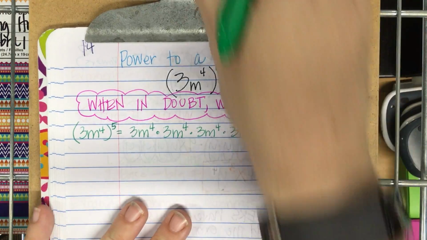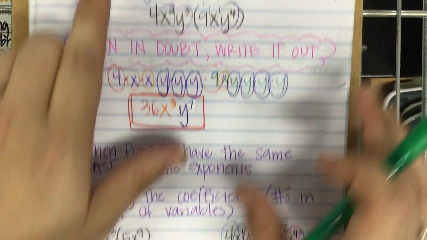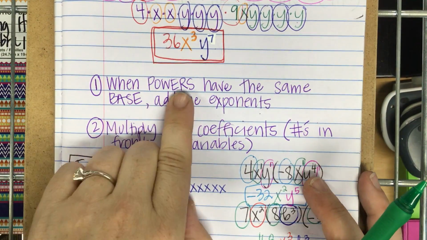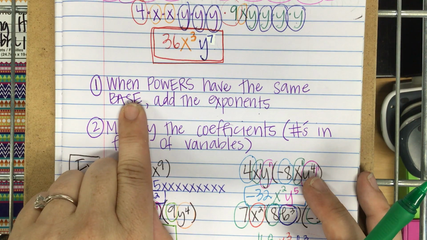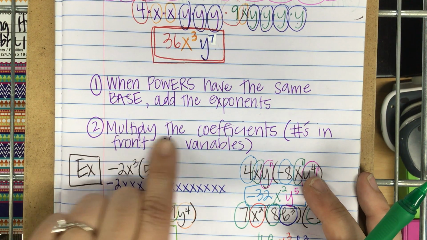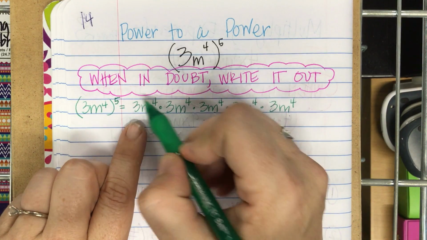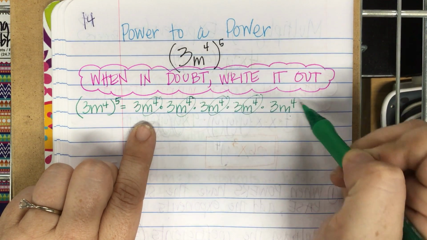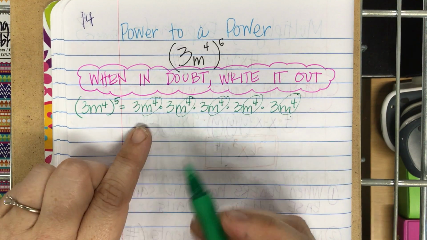And yesterday, when we did multiplying exponents, when powers have the same base, we add the exponents, and we multiply the coefficients. So, if they have the same base, you can add the exponents.